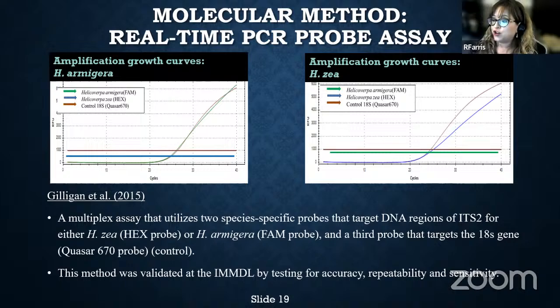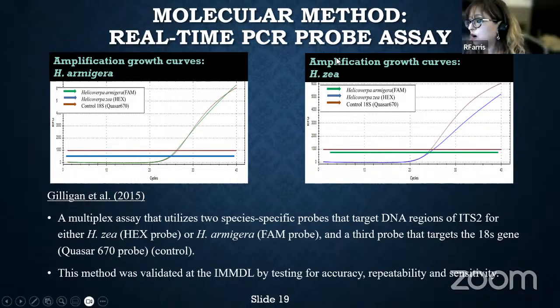If there were no amplification of the internal control, that would be indicative that somewhere along the lines, this real-time PCR assay failed. And even though I'm seeing a positive amplification for old world bollworm, I'm not going to take it seriously. It's not going to be confirmed until I repeat the assay and make sure my internal control works.